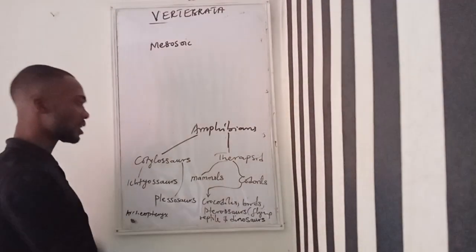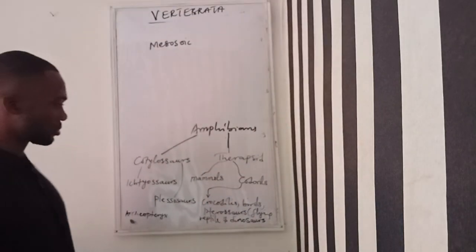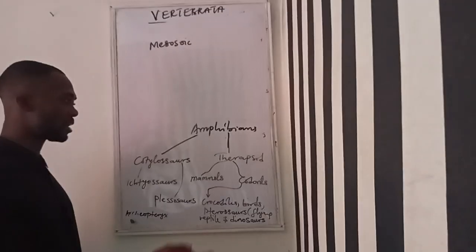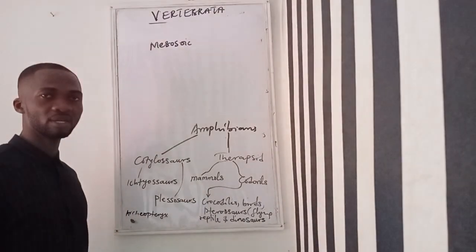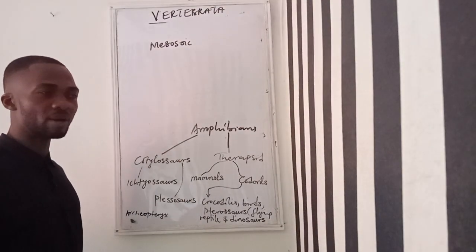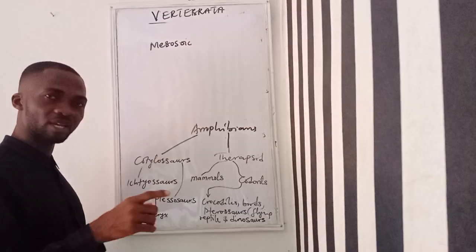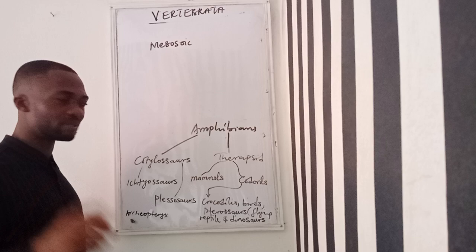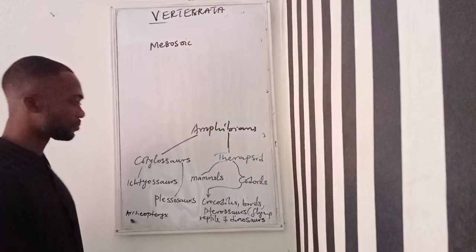Then the therapsids gave rise to the mammals and the codons, and the codons now gave rise to the crocodilia. So you can see that crocodilia evolved from the same ancestral lineage as mammals. Mammals have four-chambered hearts. Crocodilians also have four-chambered hearts. You can see the similarity because they evolved from the same ancestral stock.